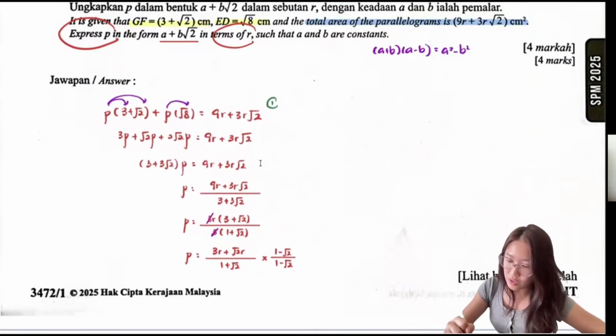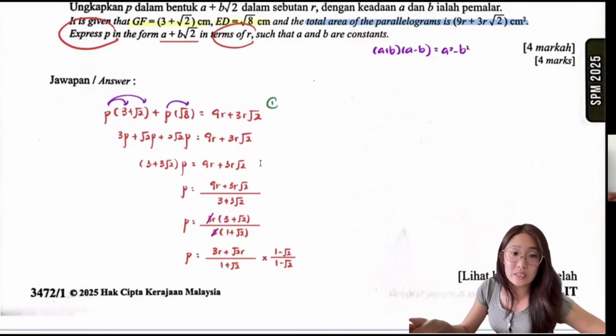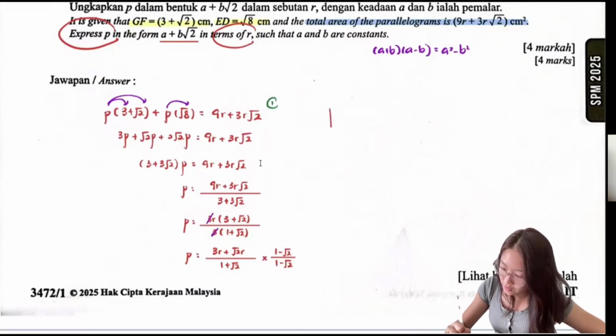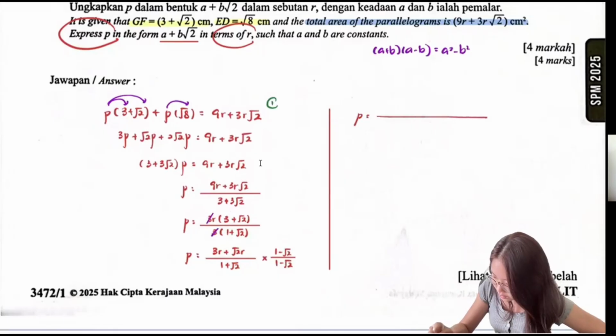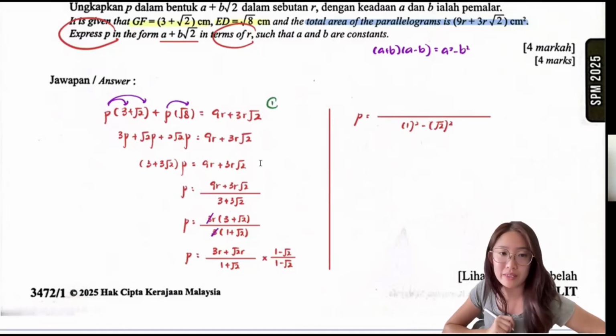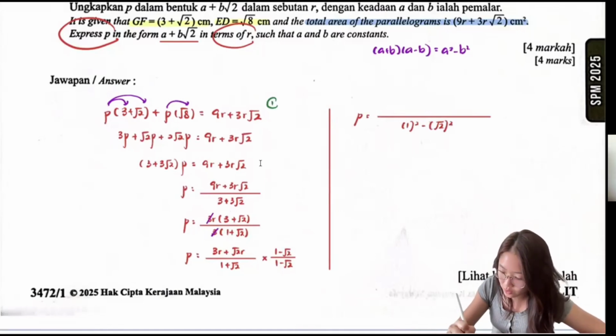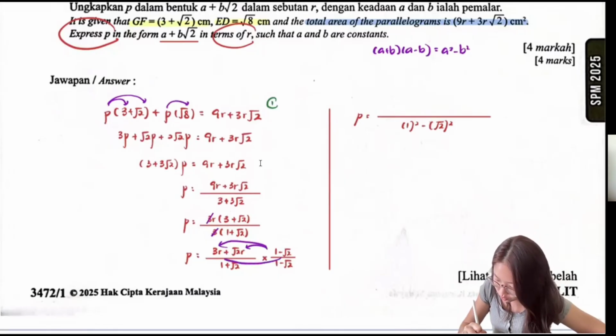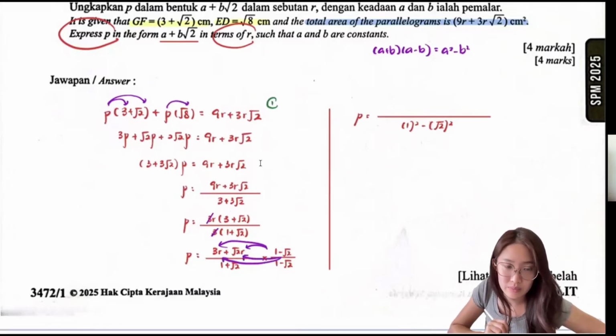This is one way to remove the surd. The purpose of rationalizing is to eliminate the surd at the bottom. So what you're going to do here, let me write down the denominator first. Your A is 1, so 1 squared minus SURD2 squared. Then this one, slowly, 1 times 3R, 1 times SURD2R, and negative SURD2 times this one in front and at the back, slowly expand.